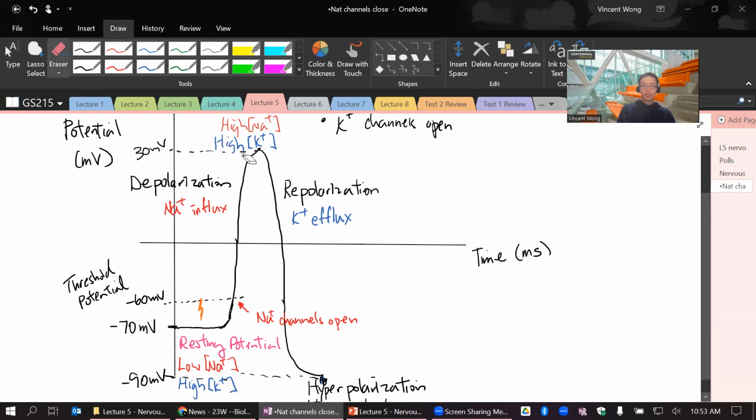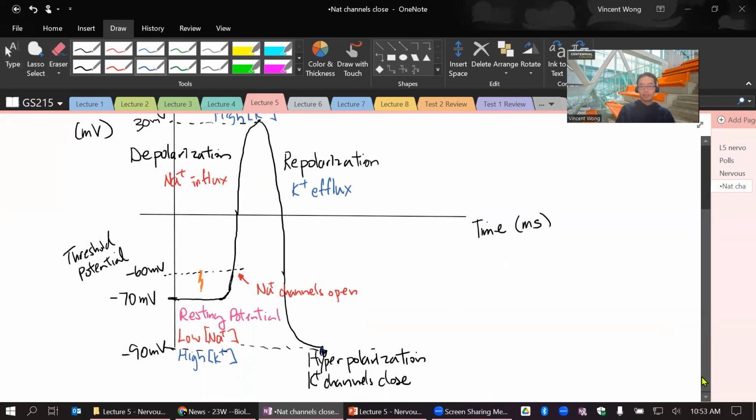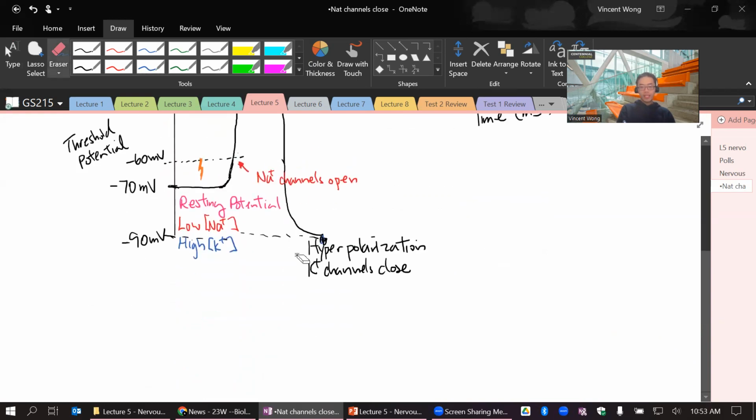And then afterwards, after the efflux, after the repolarization, at this point, at minus 90, at hyperpolarization, what should we put for the sodium? Unchanged. Okay, so is it high or is it low? High.